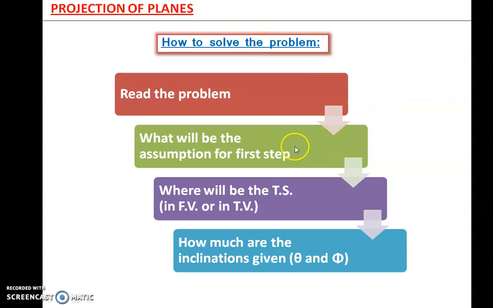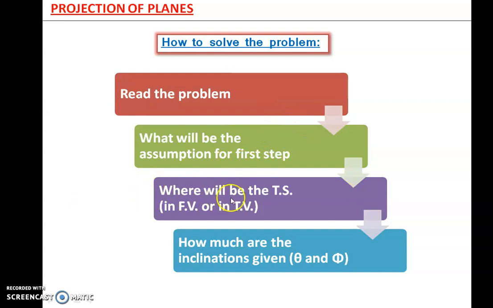Your first question to yourself will be what will be the assumption for the first step. So these assumptions are 4: whether I have to rest the plane on HP, parallel to HP, on VP or parallel to VP. So these are the answers to this, but you have to select out of the 4 which will be the perfect fit for this particular problem.